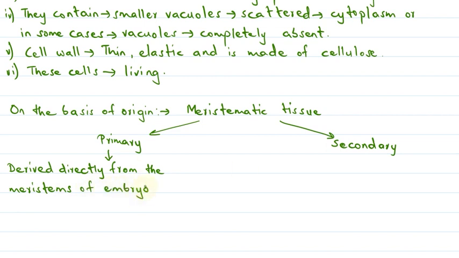Now what is secondary meristematic tissue? The secondary meristematic tissues develop later in life of the plant.